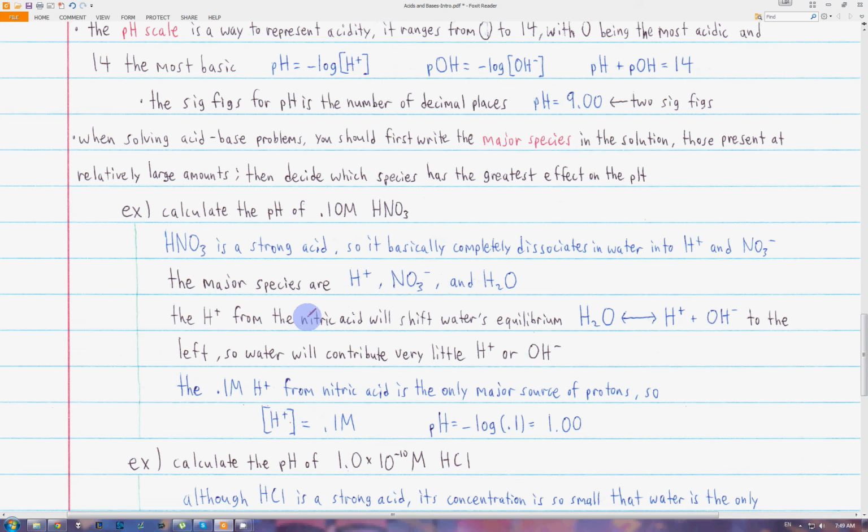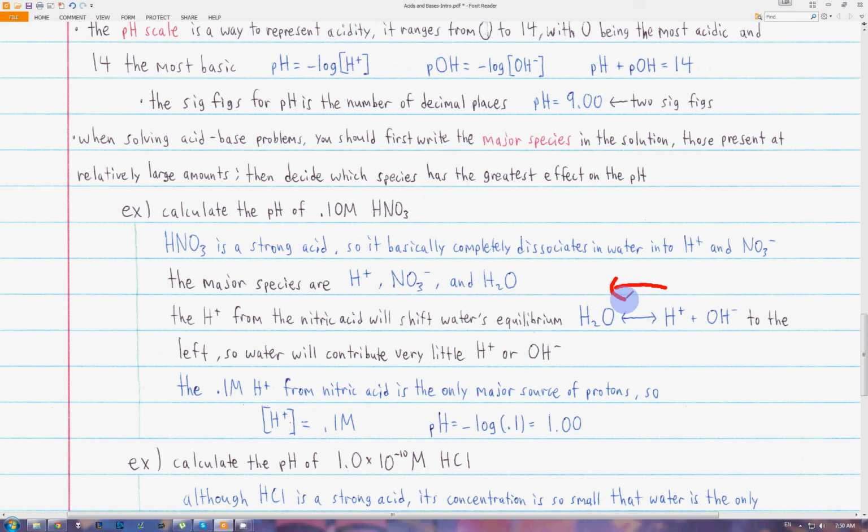So now we have to decide which of these major species will have the greatest contribution to the pH. The ones that we want to look at are the H plus from nitric acid and the water, since remember water undergoes autoionization to produce a small amount of H plus. However, if we look at the equilibrium for the dissociation of water, the extra H plus from the nitric acid, by Le Chatelier's principle, will shift this equilibrium to the left.